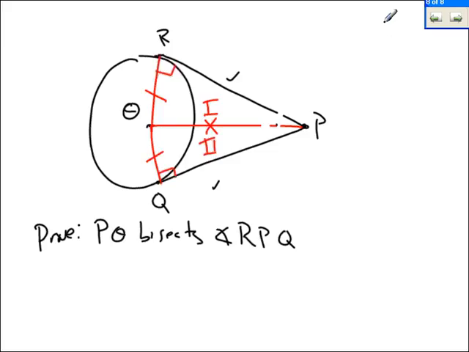And clearly OP equals OP. So you have this upper triangle, number 1, and the lower triangle, number 2. They are both right angles. The hypotenuses are equal, opposite the right angle. And again, when I say equal, I mean congruent. And they have another leg that is congruent. By the Hypotenuse-Leg Theorem, triangle 1 and triangle 2 are congruent.